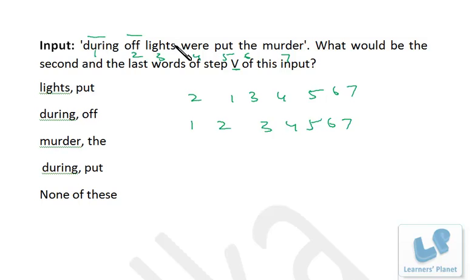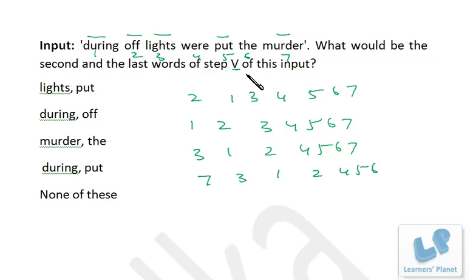So 1, 2, 3, 4, 5, 6, 7. After during, lights will come. So 3, 1, 2, 4, 5, 6, 7. After lights, murder will come. So it's 7, 3, 1, 2, 4, 5, 6. After murder, P will come.